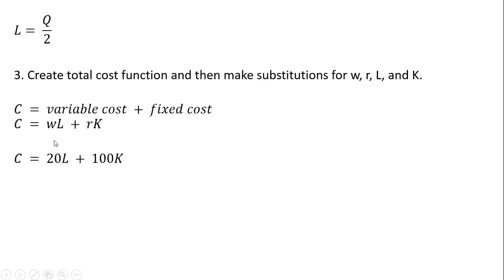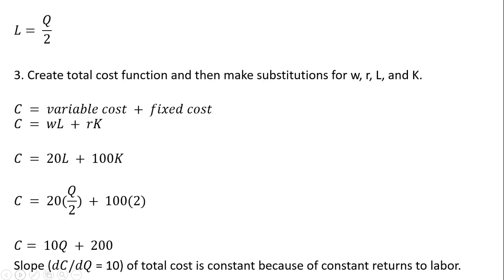First I'll substitute in the wage of $20 and the price of capital of $100. Next, for L, I'm going to substitute in Q divided by 2, and for K, we said we're going to fix K at 2. Making those substitutions and simplifying, we get total cost equals 10Q plus 200.